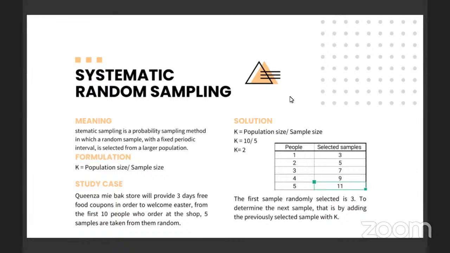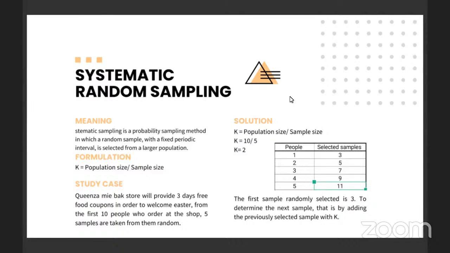Quinza Mi Bookstore will provide 3 days of free food coupons in order to welcome Easter. From the first 10 people who order at the shop, 5 samples are taken at random. The solution is using the formulation K equals population size divided by sample size. The population size is 10 divided by sample size 5.